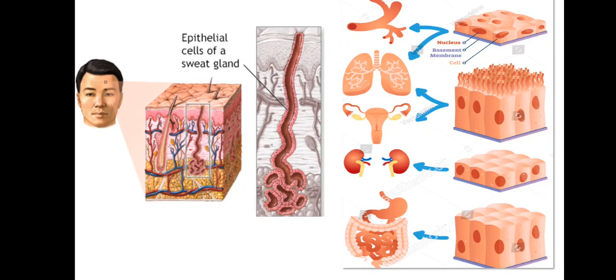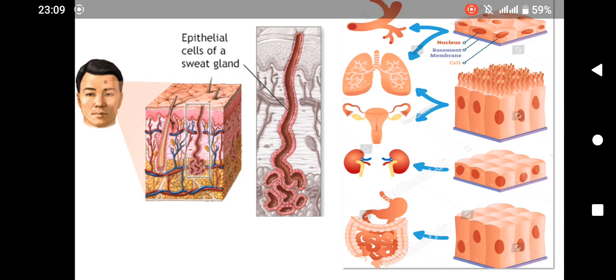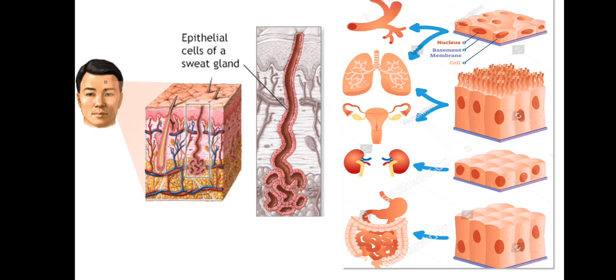So you've learned that besides covering body surfaces, besides lining various internal body organs, epithelial tissue also makes up glands, either endocrine or exocrine. This picture here, I know that you're already rushing. You want to know which one is squamous, columnar and everything. Hold on. This picture here is just trying to show you that this epithelial tissue is lining different organs.